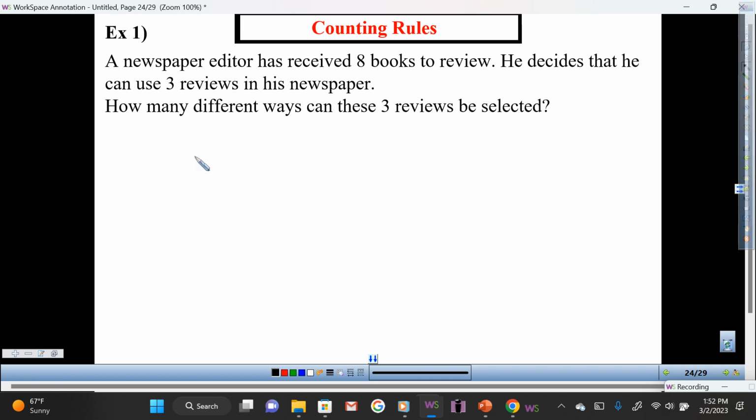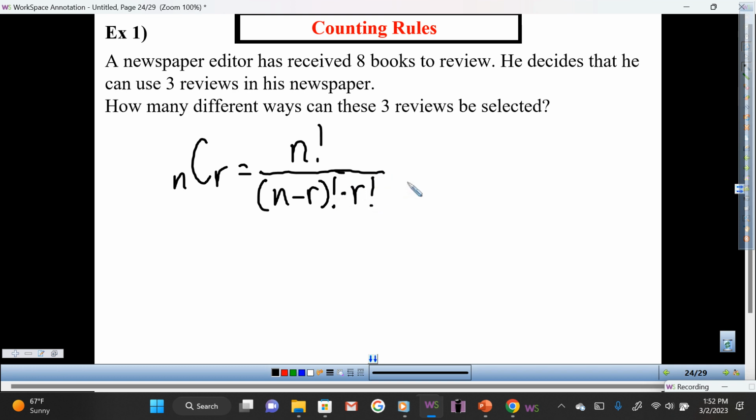Read me the formula, please, Zach. N factorial times R factorial. Okay.